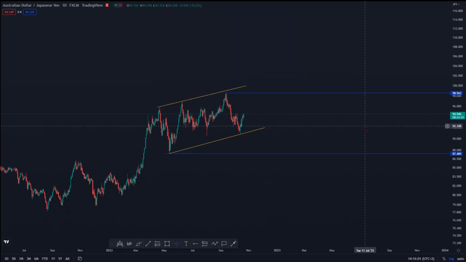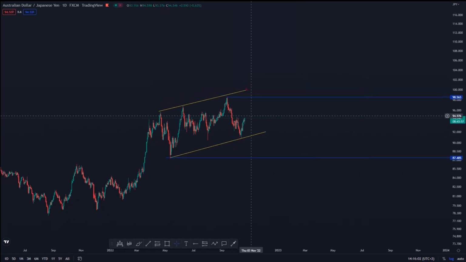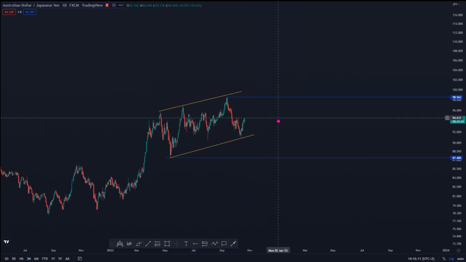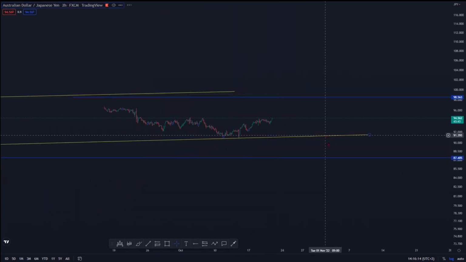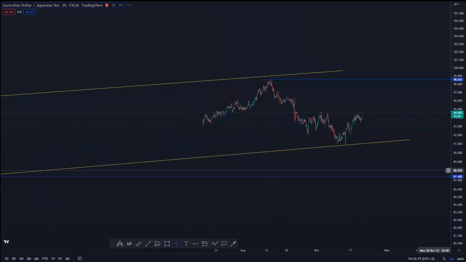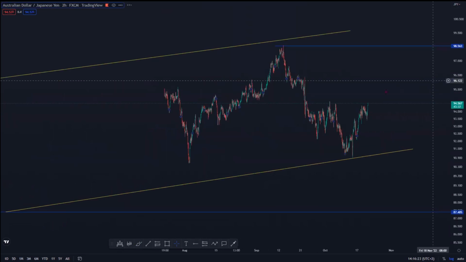So now we know the market is about to shoot up. What you have to do here is go to a smaller time frame, because now we have a bigger structure. Let's go to 2 hour and see what we find. We can't go to 4 hour because we found a structure on the daily.